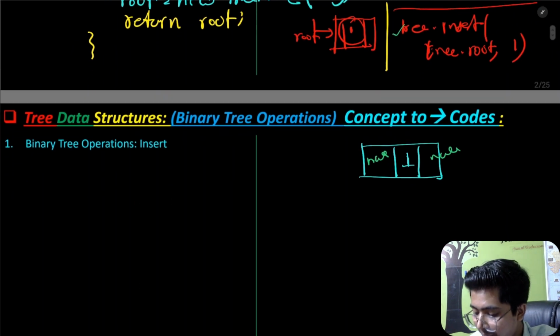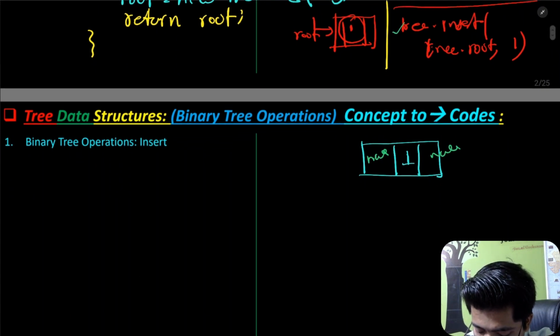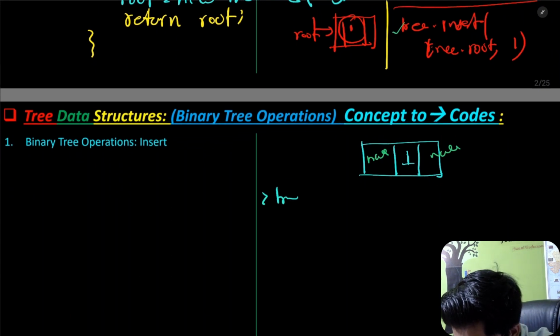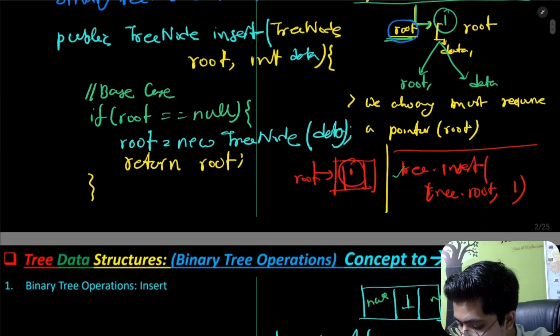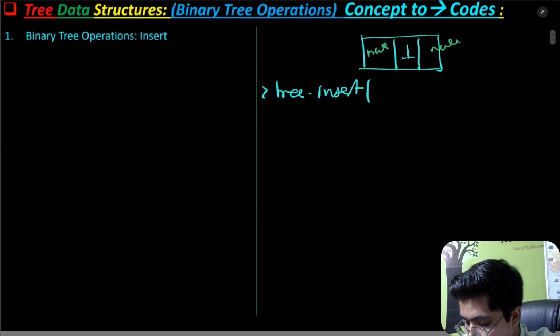So let's see that we are again calling tree.insert, and now we want to insert the 2 in the same tree.